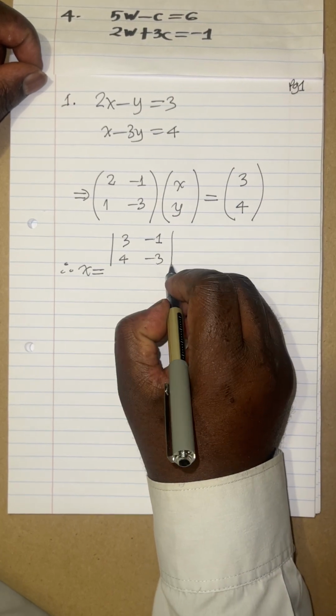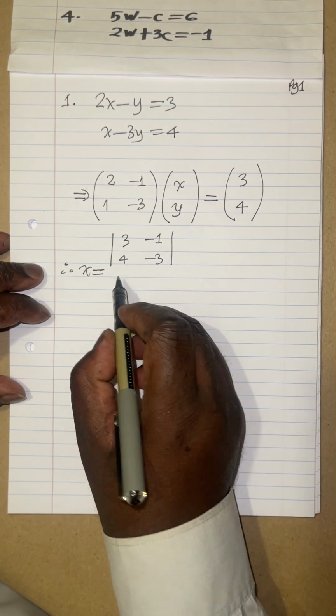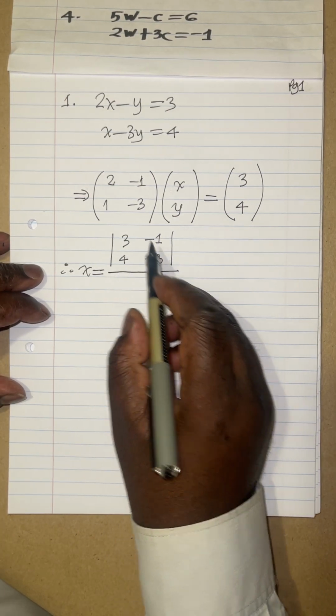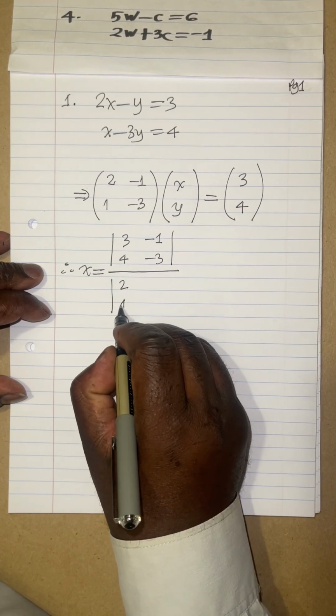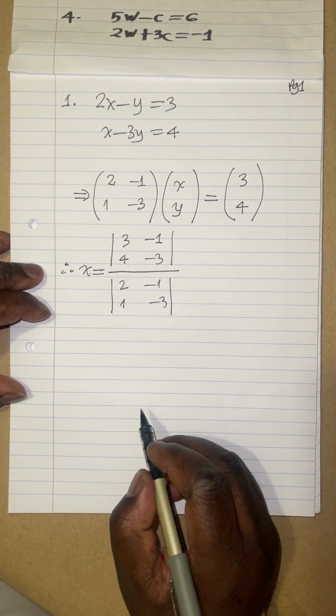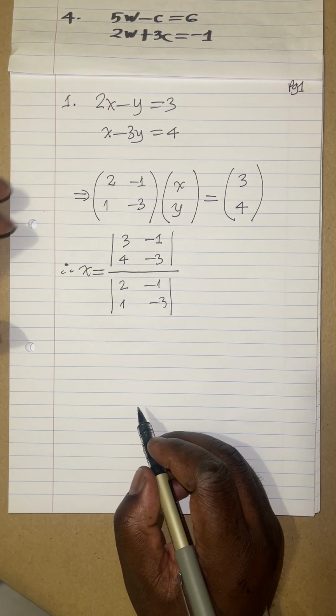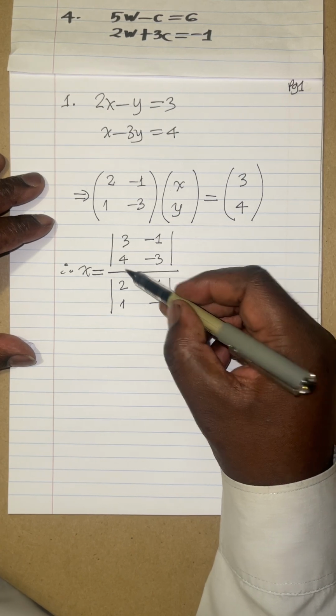Coefficients of y must stay the same, minus 3. Remember last time I told you that the two vertical lines represent the determinant, all over the determinant of the coefficient matrix. So we keep it the way it is, 2, 1, and then minus 1, and then minus 3, like this. Now, what does this mean? Remember, the product of elements on the right diagonal minus the product of elements on the left diagonal.